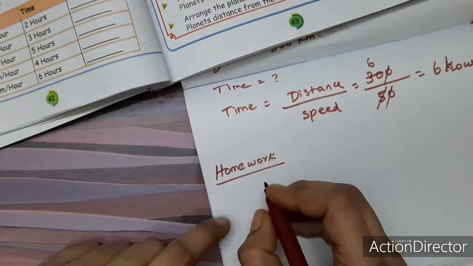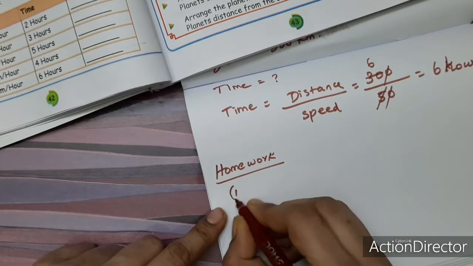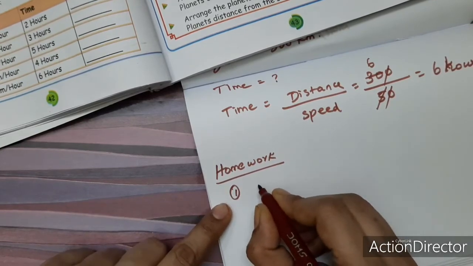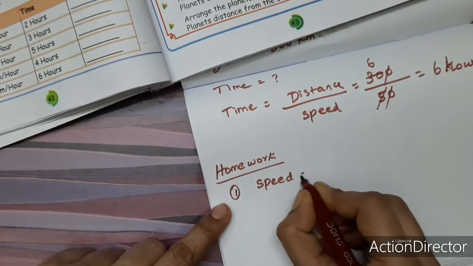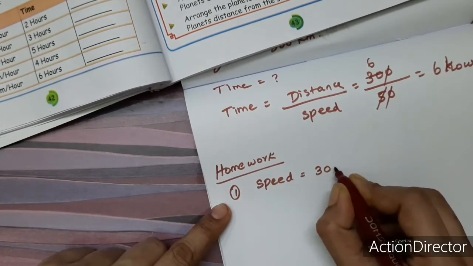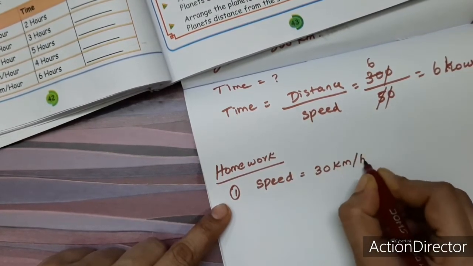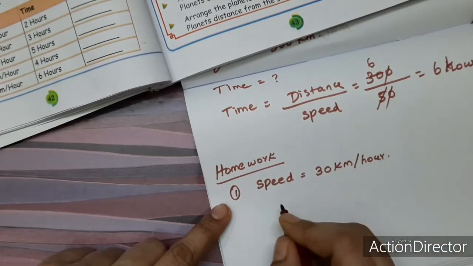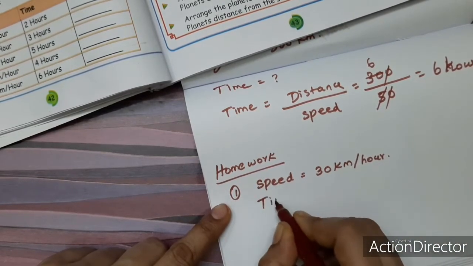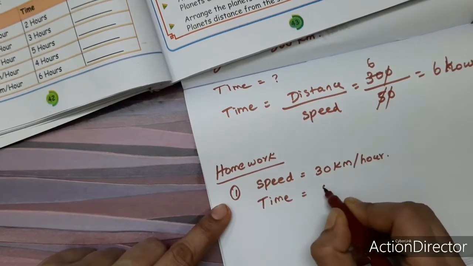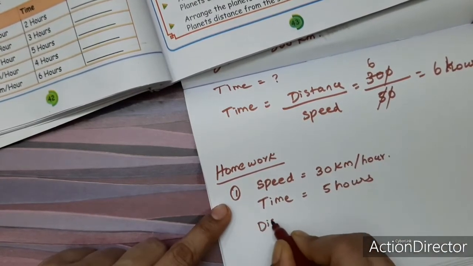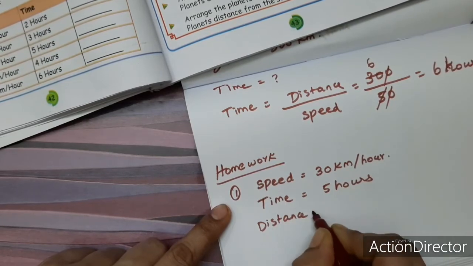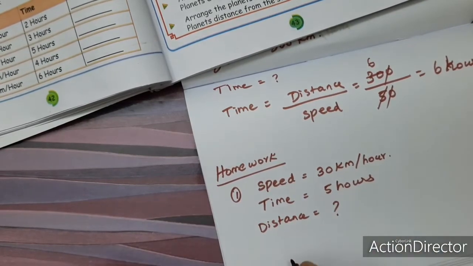Okay, first sum, speed equal to 30 kilometer per hour, and time equal to 5 hours. Distance equal to what?